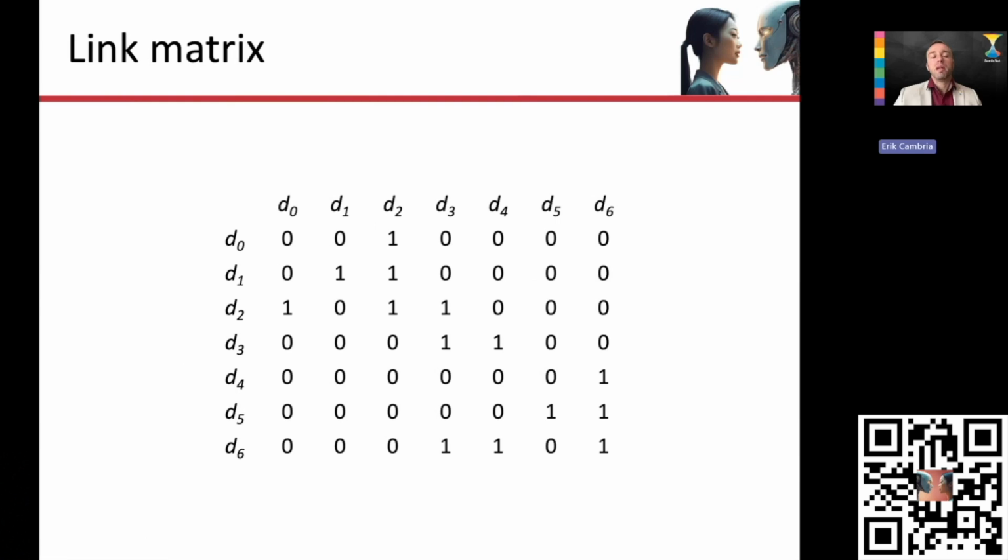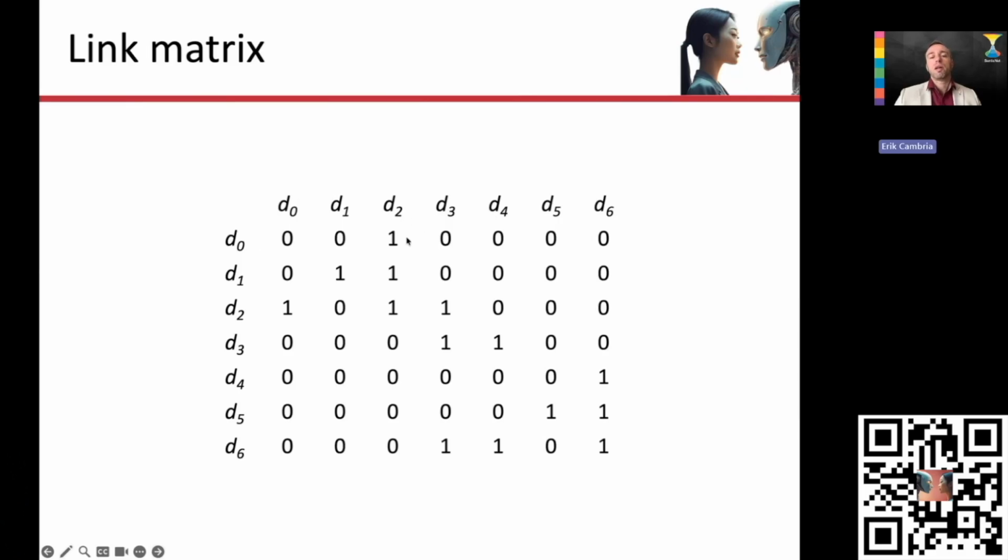How can I build a matrix for this representation? This is nothing new. We have done this many other times when we were talking about the inverted index, for example. I can just do as I did earlier. I represent all my documents or web pages, and when there is no link between two pages, I have 0.